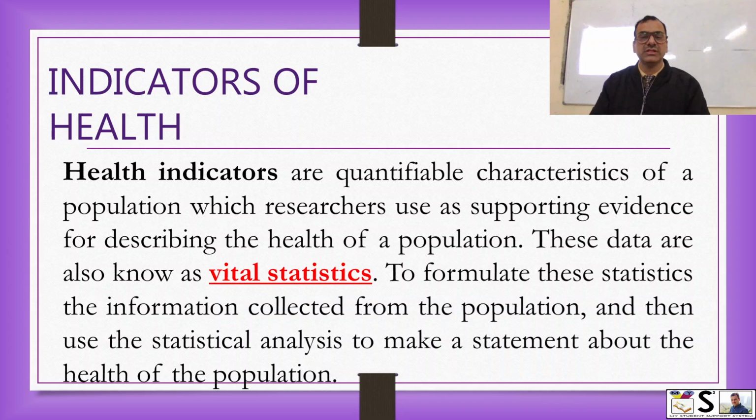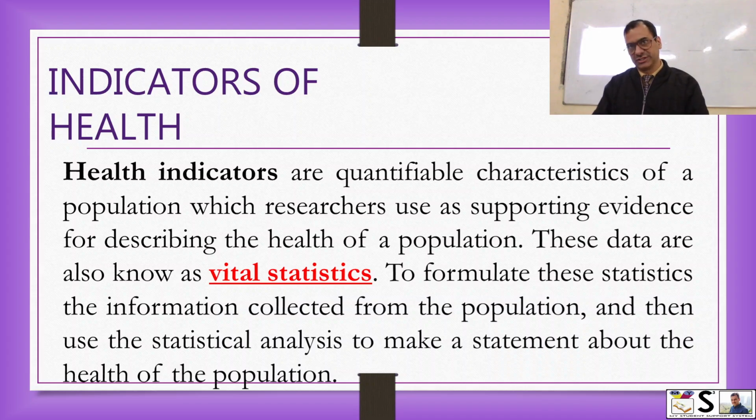So this is known as health indicator, or in other words we can say that health indicators are quantifiable characteristics of a population which researchers use as supporting evidence for describing the health of a population. It is defined like this: it is a quantifiable characteristic, meaning we can show some data about that particular event from the community or population, then it is known as what?